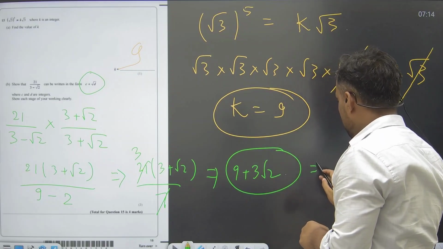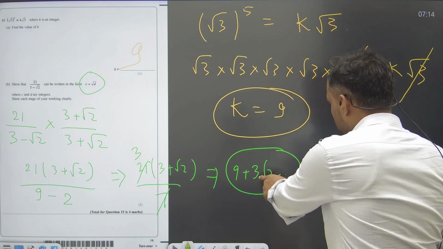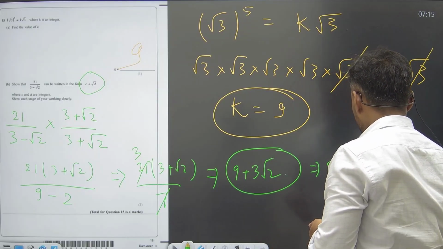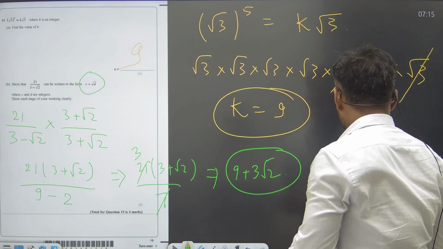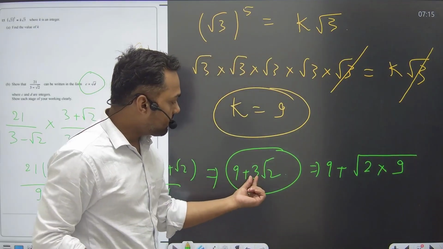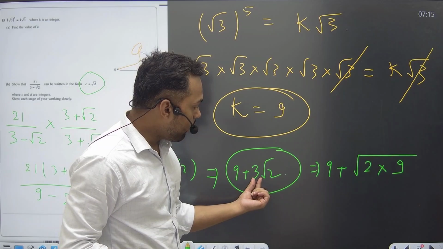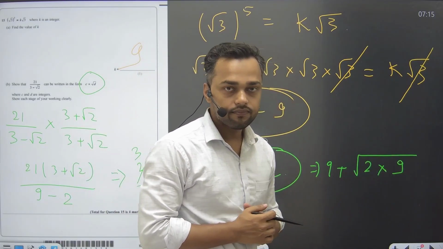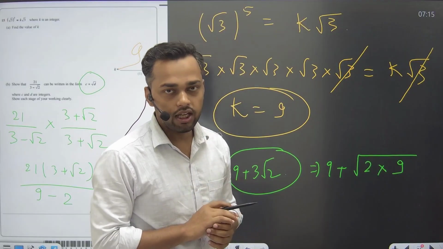So what we need to do: 9 plus, how to insert 3 into the square root, I will tell. Root 2. See, this 3 without the square root sign can be written as root 9, because the value of root 9 will be 3.